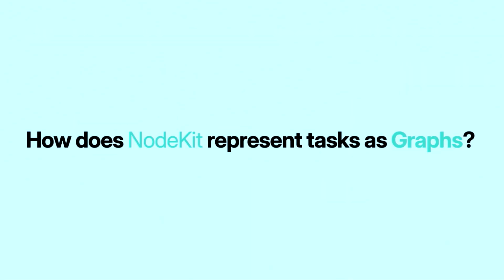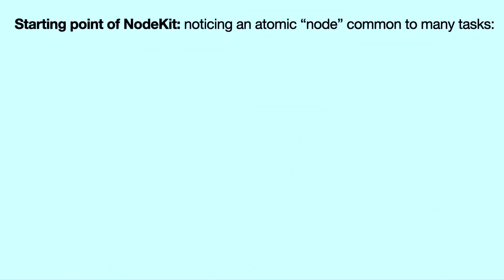So I'll talk now a bit more about the graph data structure and how tasks are represented via graphs. The starting point is, if you think about most behavioral tasks, one can notice a common structure that's shared across many tasks.